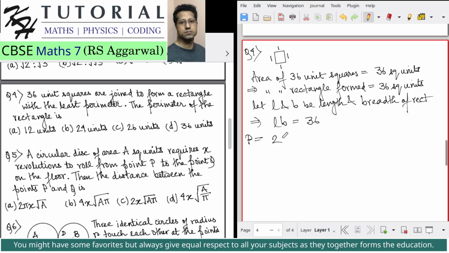Perimeter is 2 into L plus B, 2 into length plus breadth. Now we know that L into B is 36, and we have to choose L and B in such a way that 2 into L plus B is minimum.